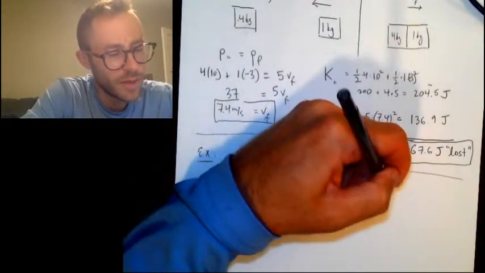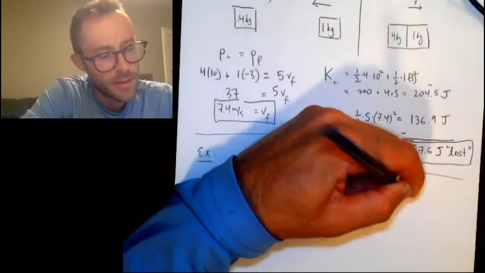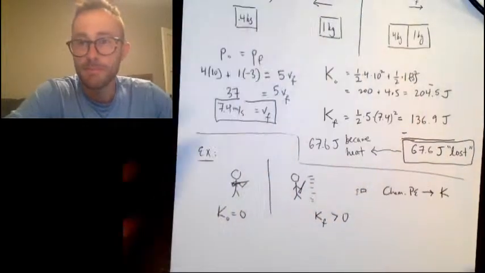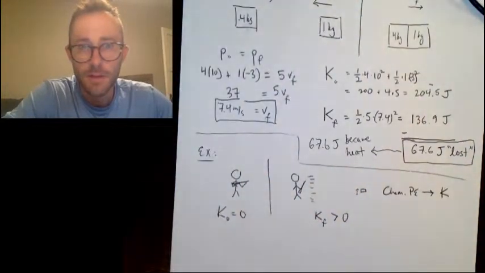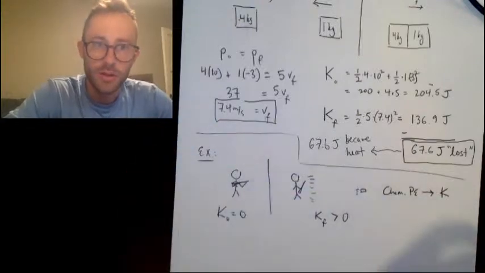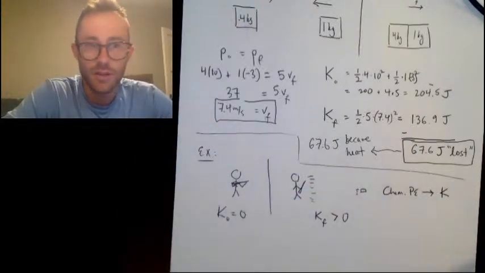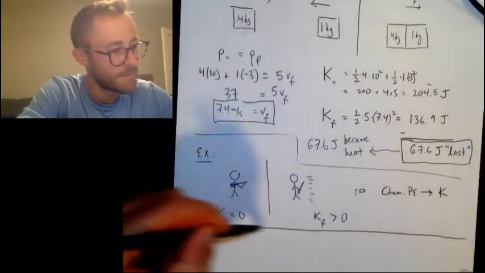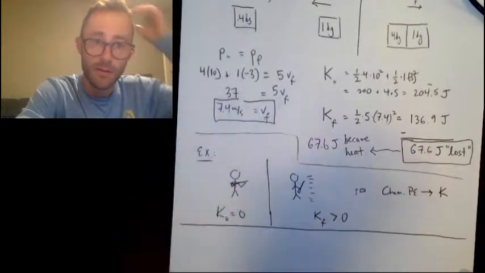So basically chemical potential energy became kinetic energy. The important thing to understand, though, is that even though these energy transformations are taking place, momentum is still conserved. Okay? Momentum is king when it comes to collision type problems. All right?